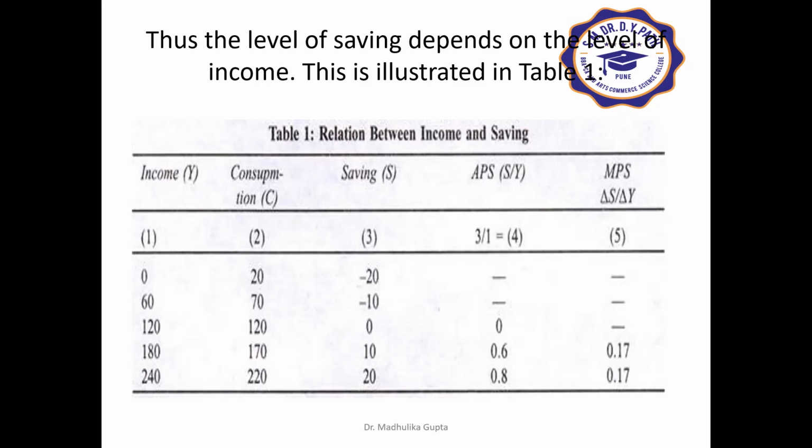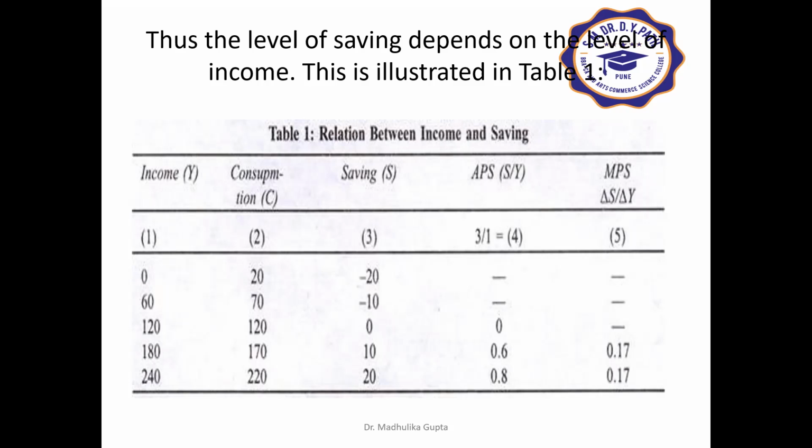It shows the relationship between income and saving. Just look at column number 3 of the table. When income is 0 or very low, income being the first column, just observe the third column of savings. People dissave, that is, saving is negative: minus 20 crores and minus 10 crores.